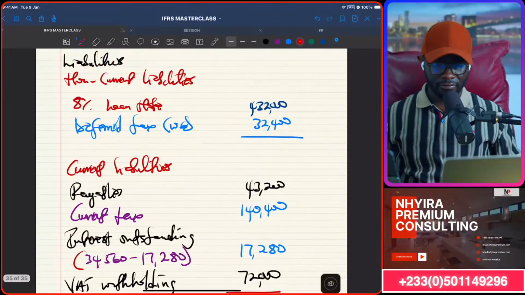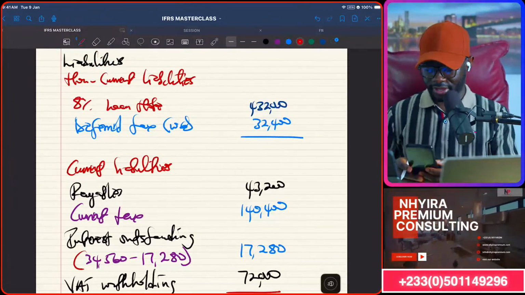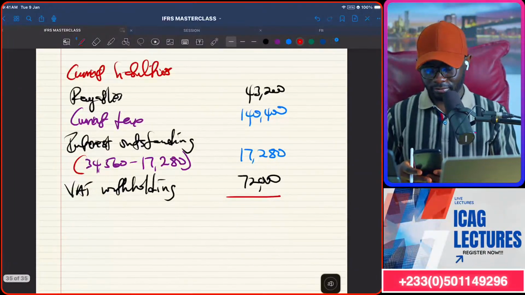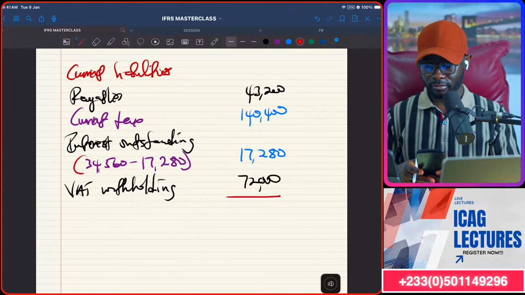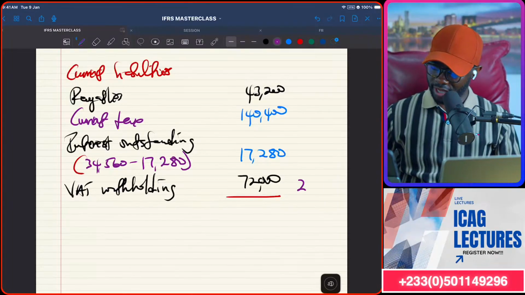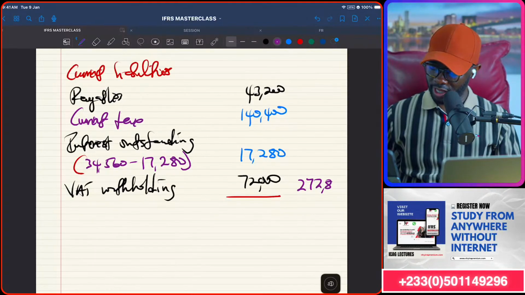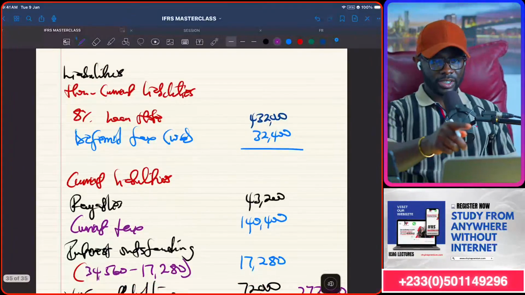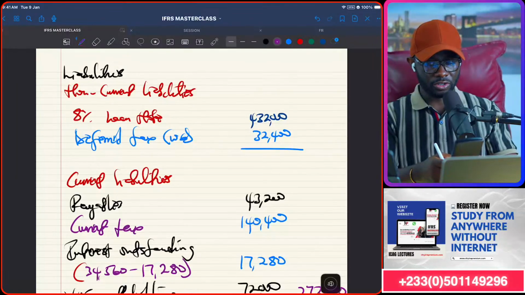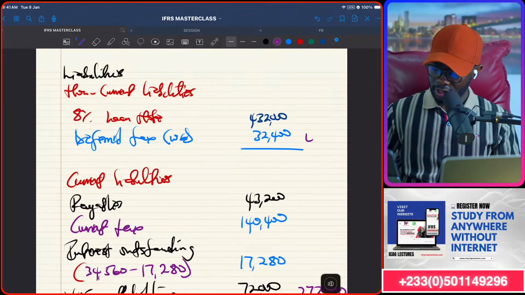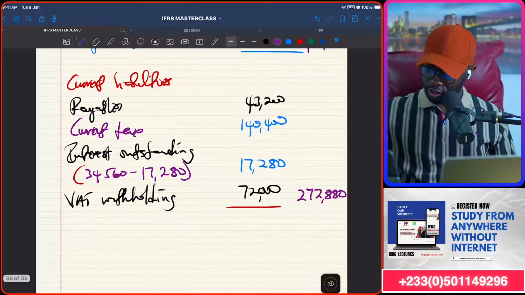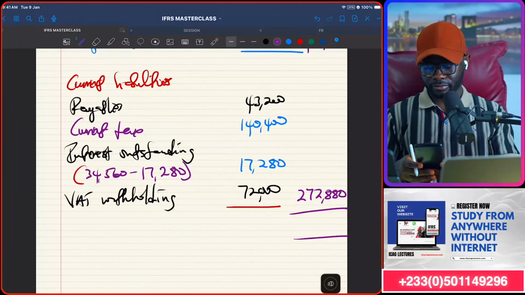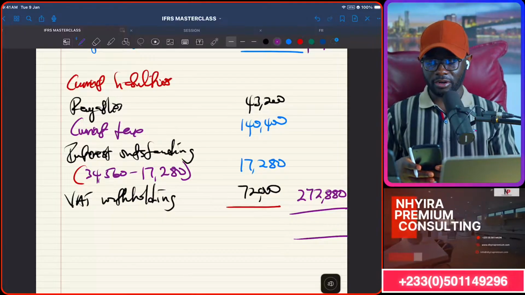Let's see if we will have faith in our balance sheet. My current liability is 272,880. The non-current 32,400 plus 4,232,000. That's 464,400. So we add the 3 up plus 272,880.